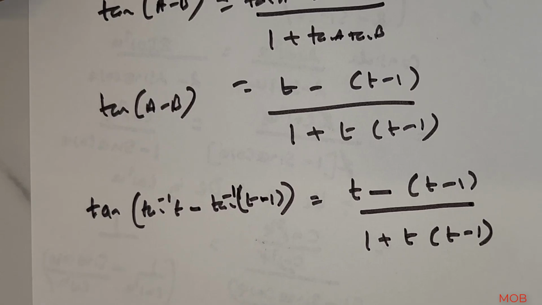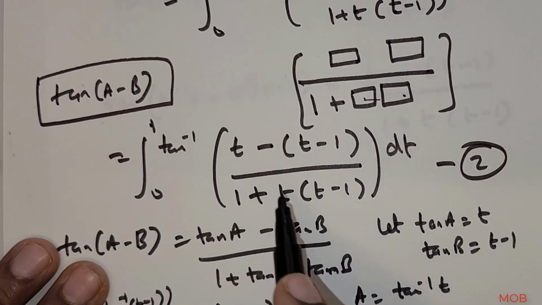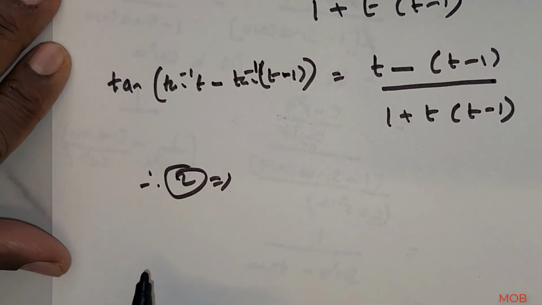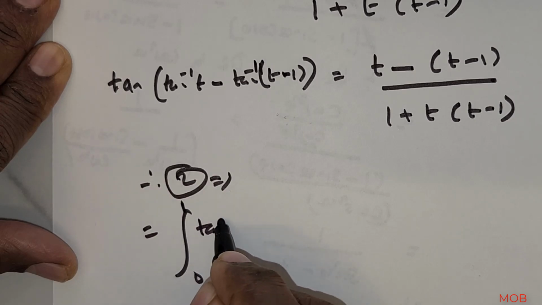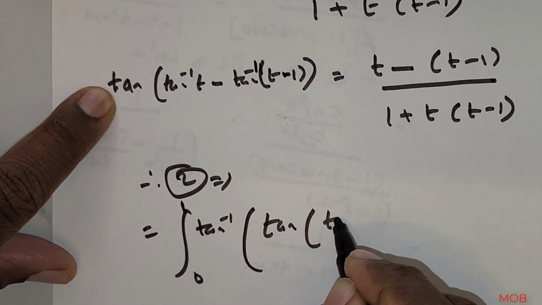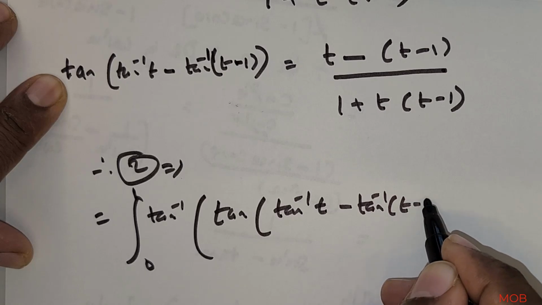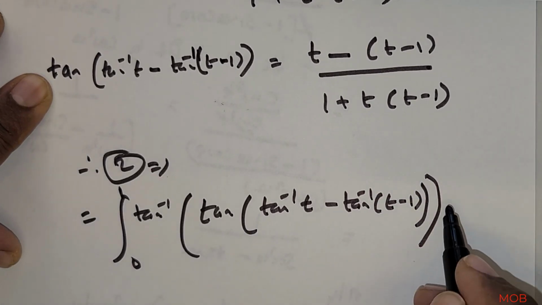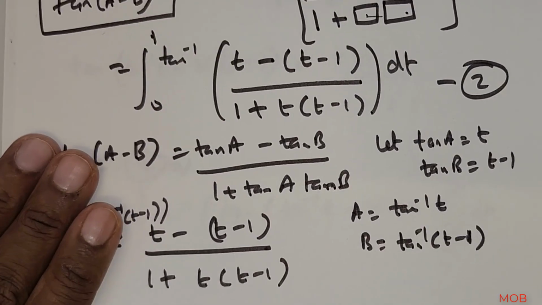Okay, so go back to the question. So if I were to take this as 2 in place of this, therefore 2 can be rewritten as integral 0 to 1 tan inverse of this one, tan of tan inverse of t negative tan inverse of t negative 1, and you have dt there, and other things is taken care of.